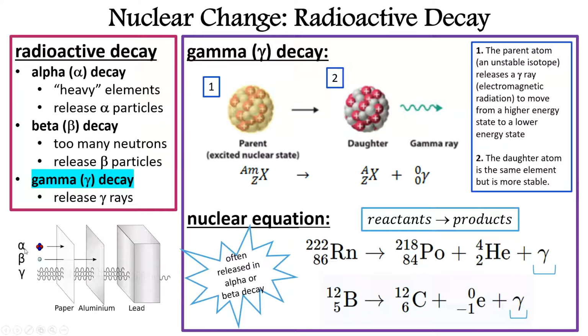Alpha particles are bigger, so something even like paper will stop an alpha particle. Beta particles can move through paper, but something like aluminum will stop them. Gamma can penetrate through a lot of materials, and because of this, it is the most dangerous form of radiation.